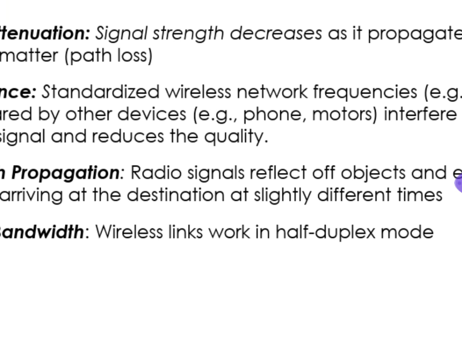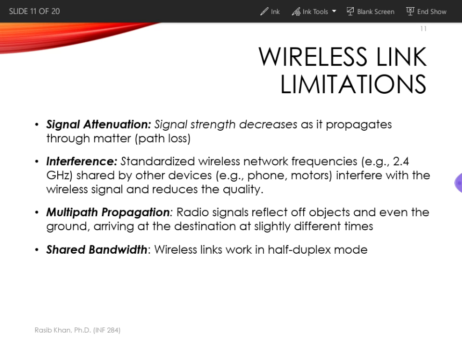So wireless links have certain limitations in the way they function. These are the four primary limitations of wireless links.